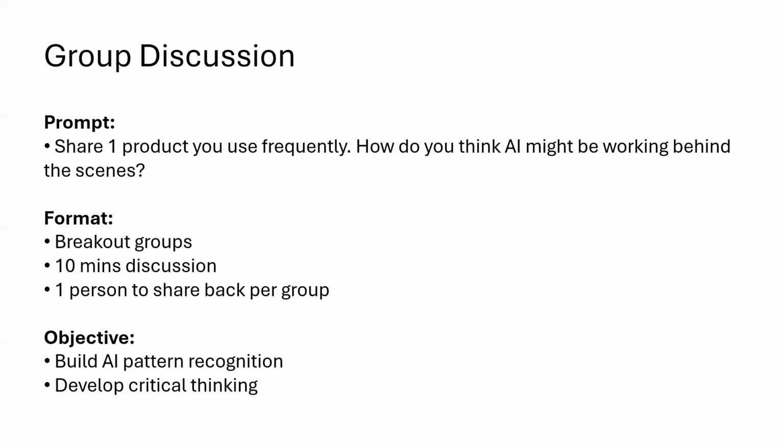So think of a product that you use frequently, maybe a B2C product or a B2B product. It is open to discussion, but in that group, everyone will take the same product. And how do you think that AI might be working behind the scenes, right?